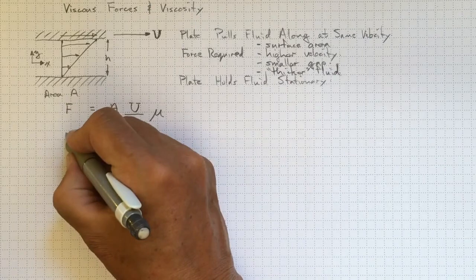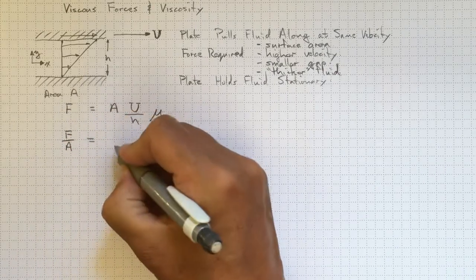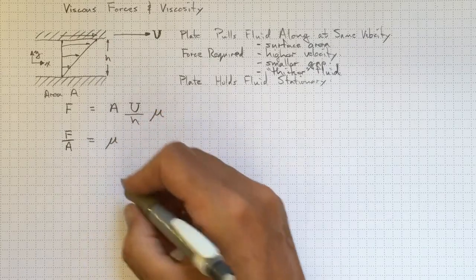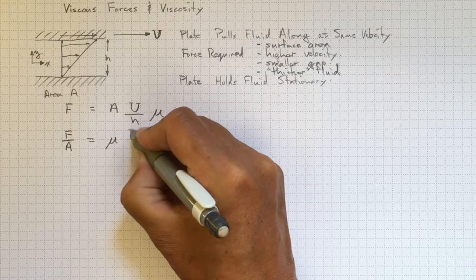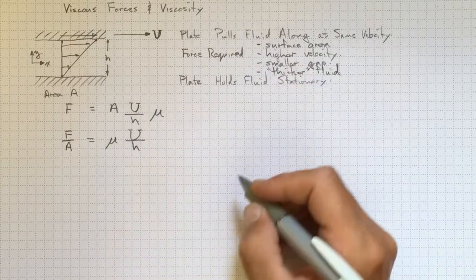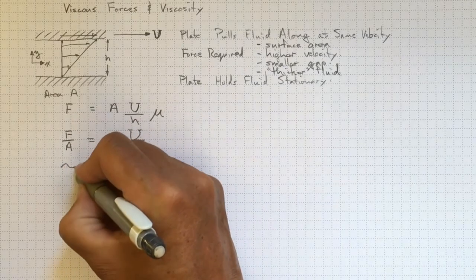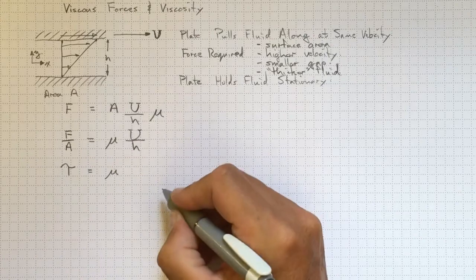If we rearrange that, we'll get that the force over the area, that's going to turn out to be a stress, will be equal to that mu that we don't know what it is yet, but has something to do with how thick the fluid is, times the ratio of the velocity and the gap size. Refine that a little bit more. That's a shear stress.